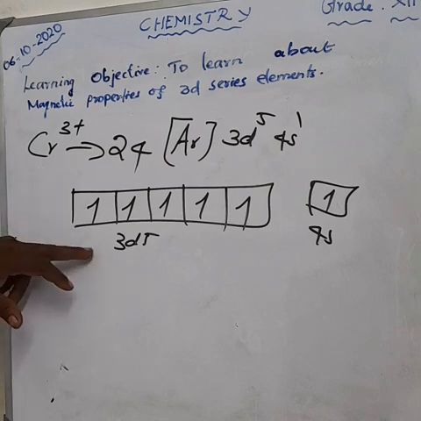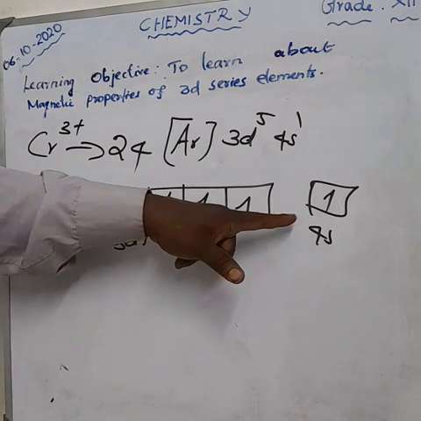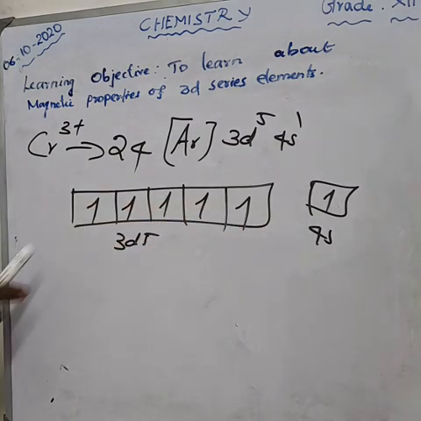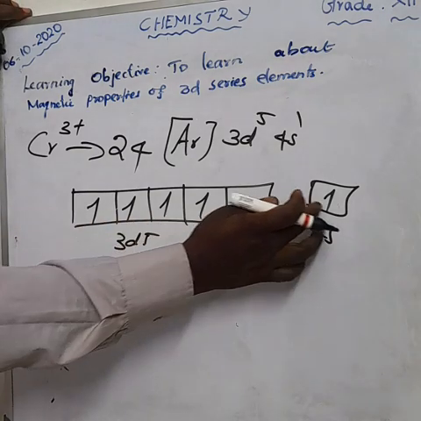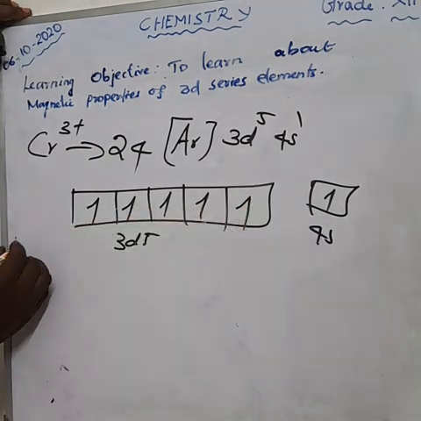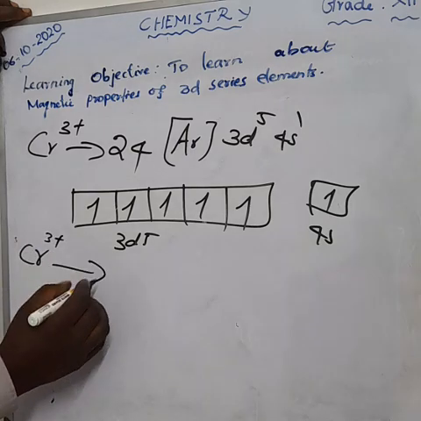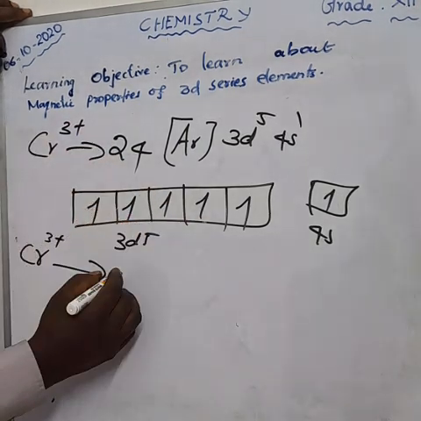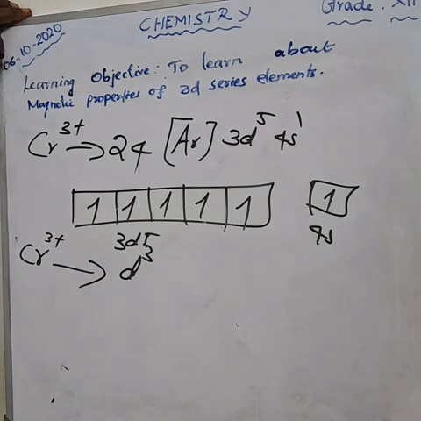Here the number of unpaired electrons is 6. Am I right? 5 plus 1, 6. Out of 6, 3 electrons are lost. So what is the remaining? 3 electrons, 1, 2, 3. Out of 6, 3 means we get d3 configuration. Clear?